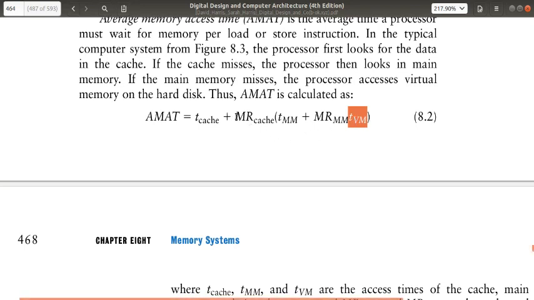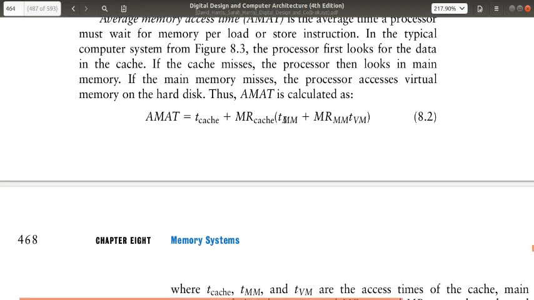Again, if it is not there in the cache memory, whatever time value comes after that, we multiply with the miss rate of cache. Similarly, if it is not there in the main memory, whatever value comes after that, we multiply with the miss rate of the main memory.